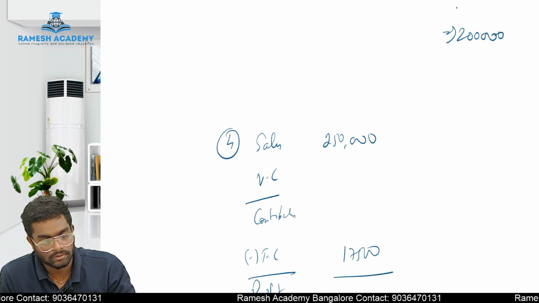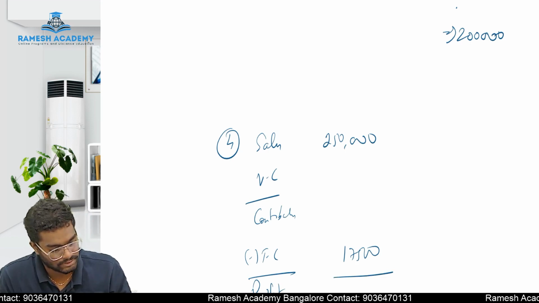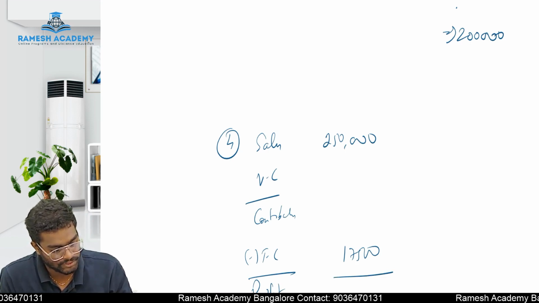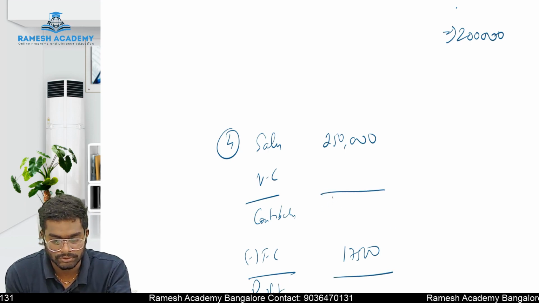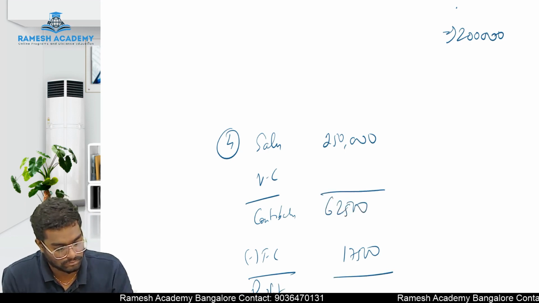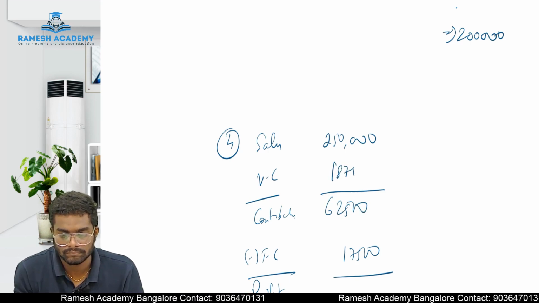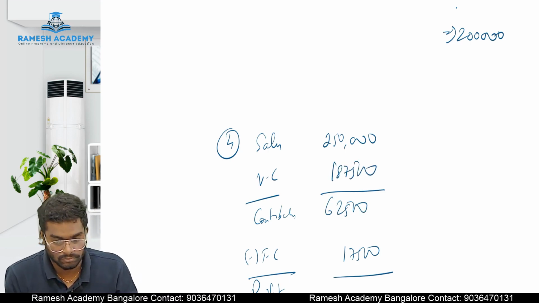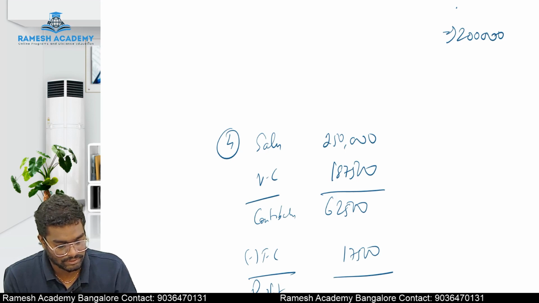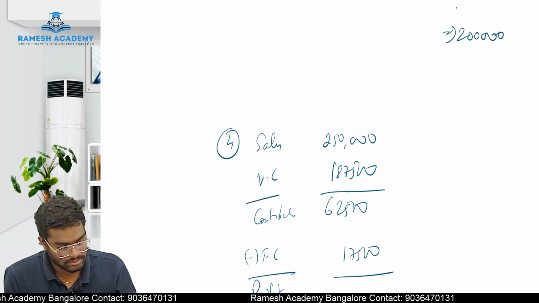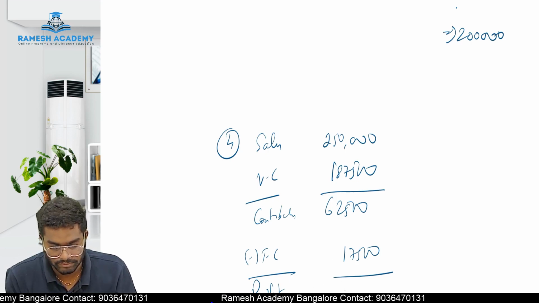So PV ratio is 25%, which means 2 lakh 50 into 25% is my contribution, which is 62,500. So the remaining will be variable cost. So 2 lakh 50 minus 1,87,500 is the variable cost, and 62,500 minus 17,500 is 45,000 profit. Simple.